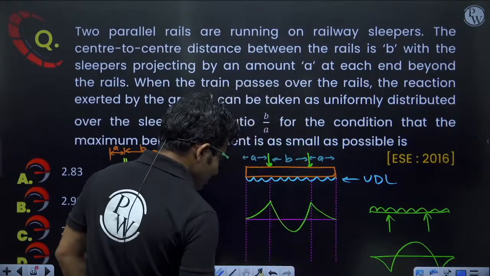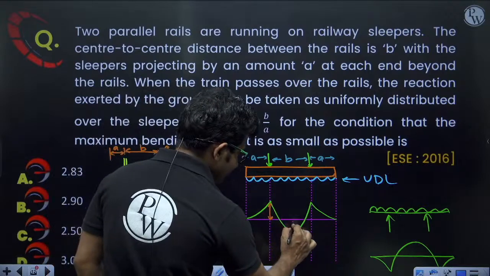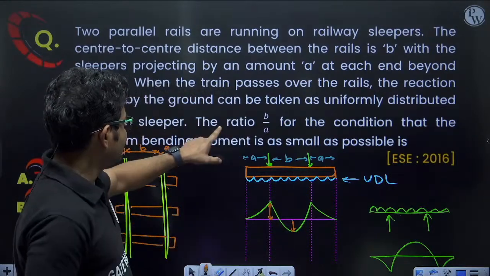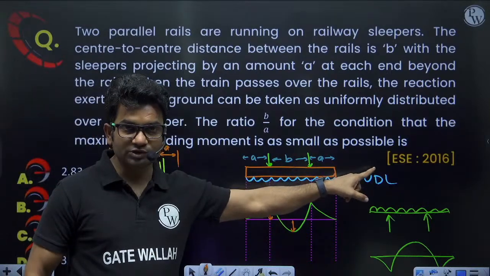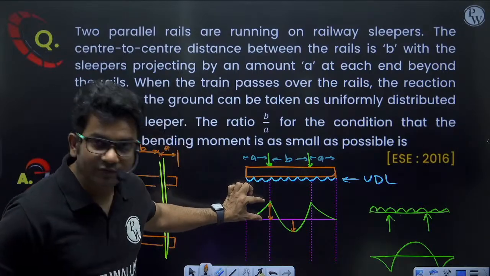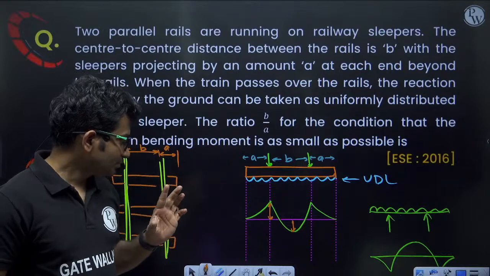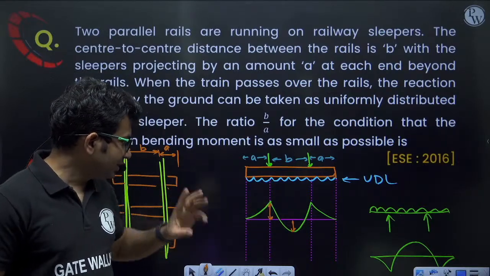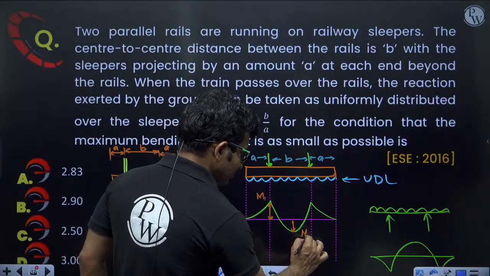Now, here, this value of bending moment and this value of bending moment. We have the condition of the ratio B by A for which the maximum bending moment is as small as possible. This condition will arise when the magnitude of this bending moment is equal to this bending moment. Let us say this bending moment is M1 and this bending moment is M2.